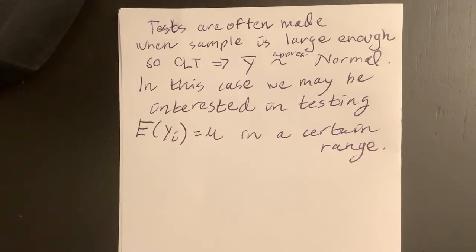So tests are often made when the sample is large enough, so the central limit theorem implies that the sample mean is approximately normal. In this case, we might be interested in testing whether the expected value of an outcome mu is in a certain range.